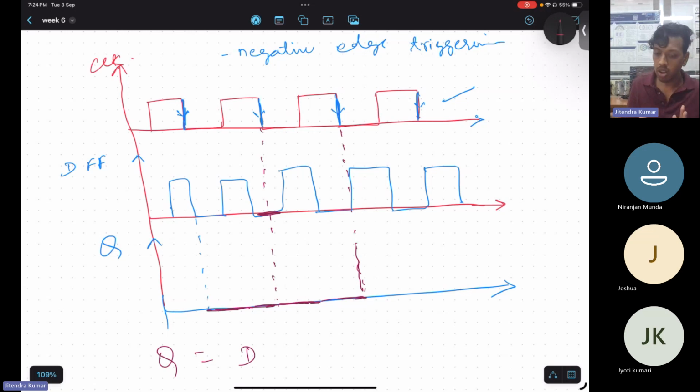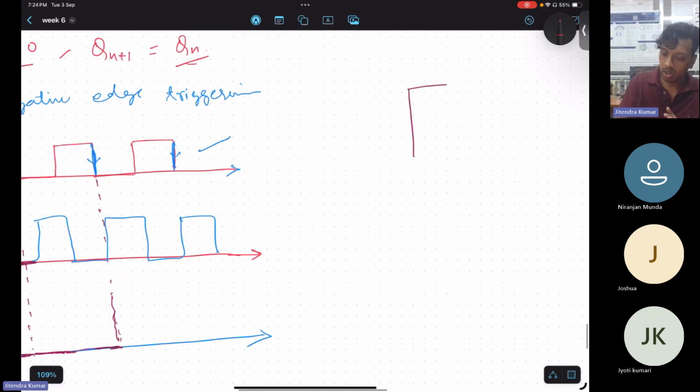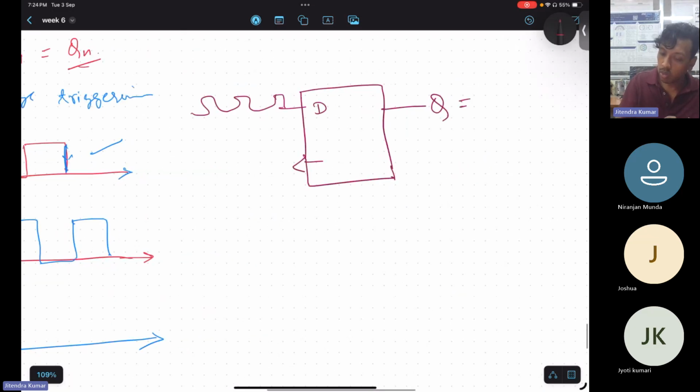As per the D flip flop, this is the D flip flop, let me draw. This is the input of D, this is the input of clock, this is output, okay? So whatever the signal you are going to inject in D flip flop, your Q will be equal to D at this clock, okay?